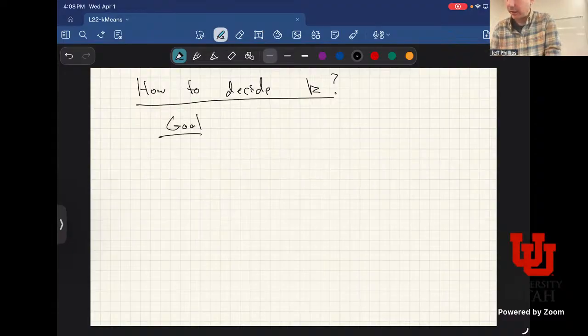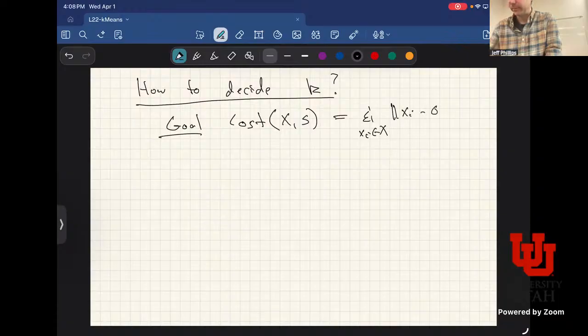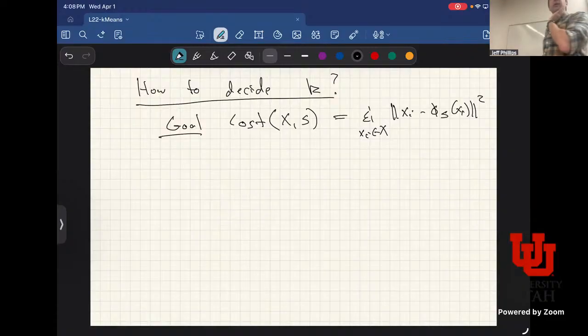So again, let's look at our goal, this cost function. The first thing, if you're not sure what to do, is you should probably try and run some experiments and plot stuff.